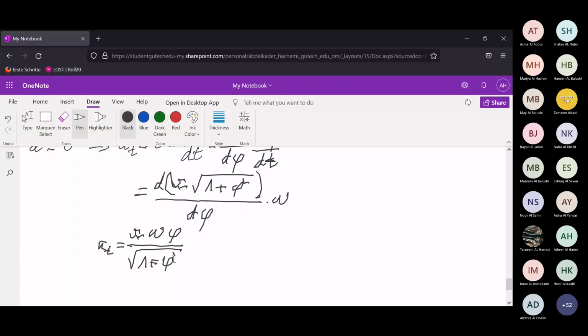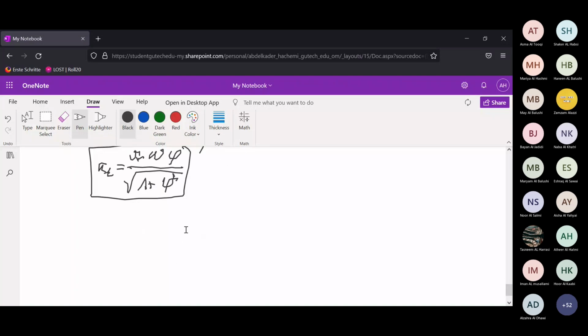This is the expression of the tangential acceleration. And now for the determination of the normal acceleration, here we note it by an.